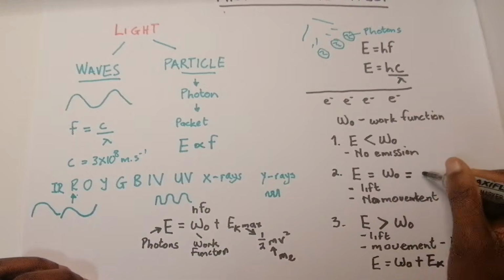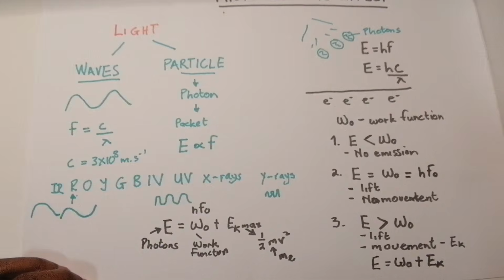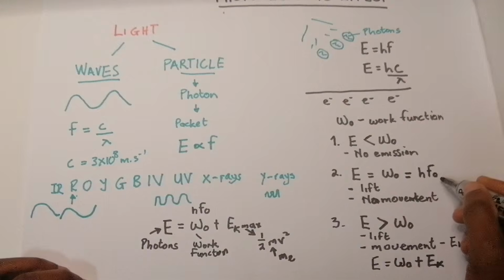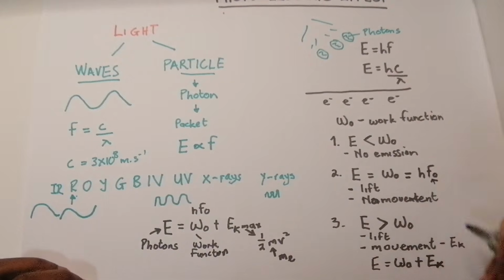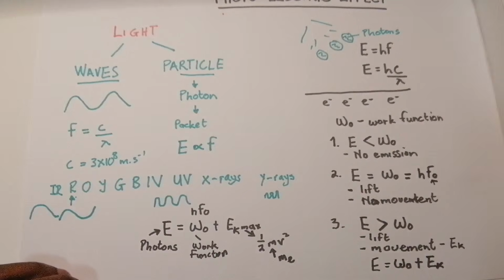I want you to note, the work function will be h multiplied by the frequency of the photon that causes it to lift. So as a result, the work function is h multiplied by f0. We call this the threshold frequency. Now, what is the threshold frequency? It is the minimum frequency required in order to emit electrons from a metal surface.